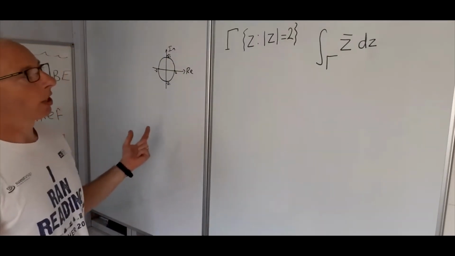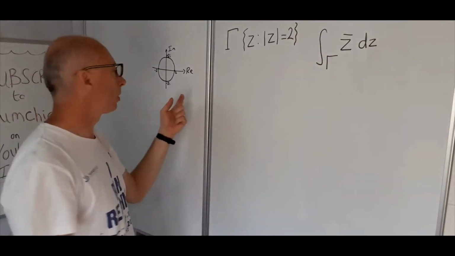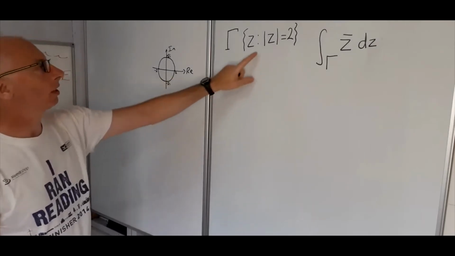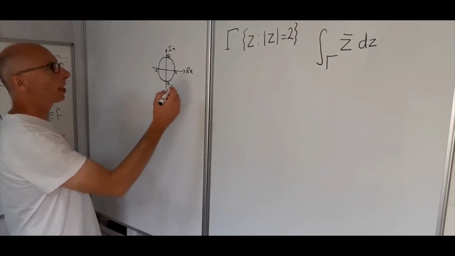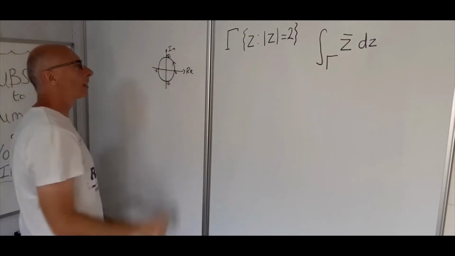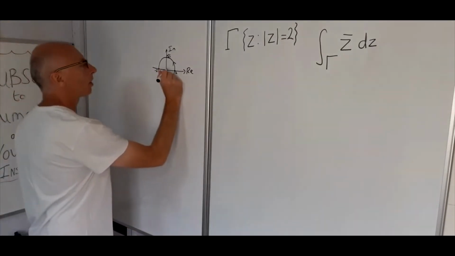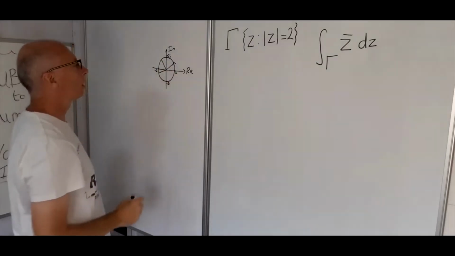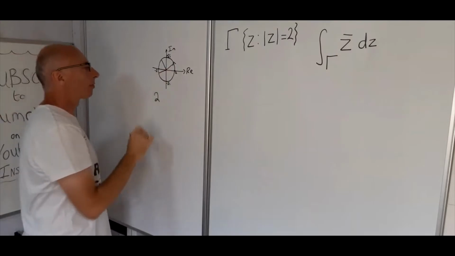So the next stage to do this integral, we need to go from the z world into the t world. So we take a parametrization of this. When we take a parametrization of a circle, we go in an anti-clockwise manner. The radius is 2, so that's 2.